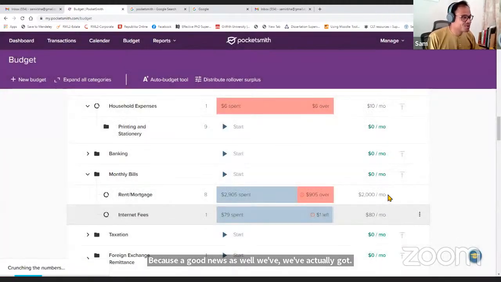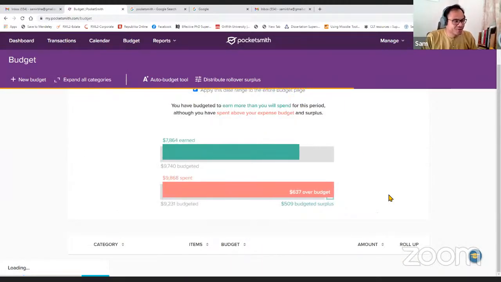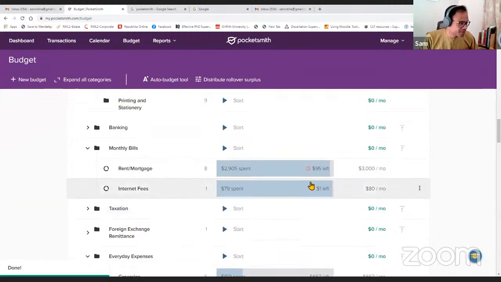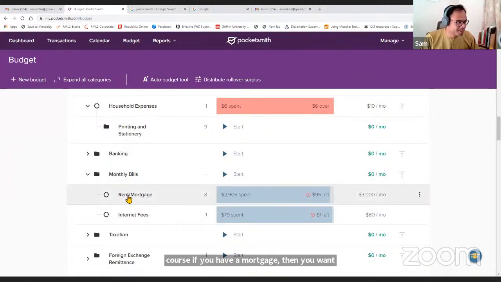We're going to be homeowners soon, and we've got financing sorted out. So it'd be good to stop making my landlord richer and start enhancing our personal wealth. Yeah. But of course, if you have a mortgage, then you want to be creating a mortgage category, all right? And you want to be budgeting how much exactly those mortgage repayments are each month, okay?